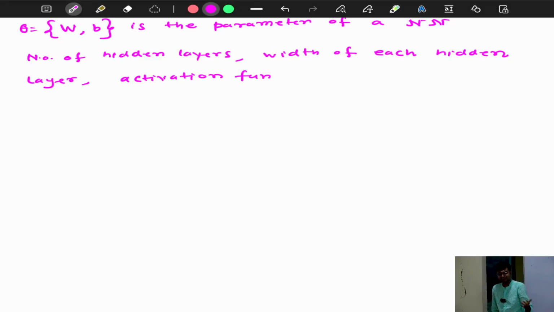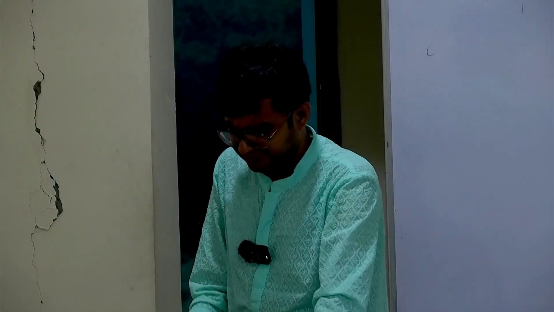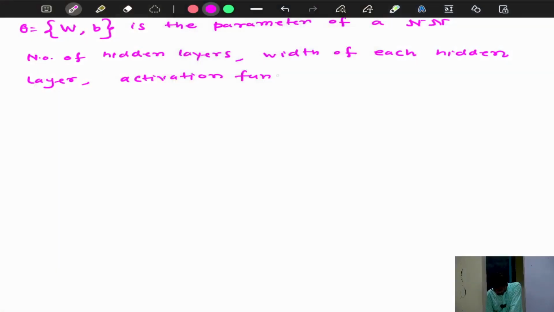As I said, the last layer activation function is often determined based on the problem you are solving, but the other layers' activation function is kind of heuristic. So these are my hyperparameters.